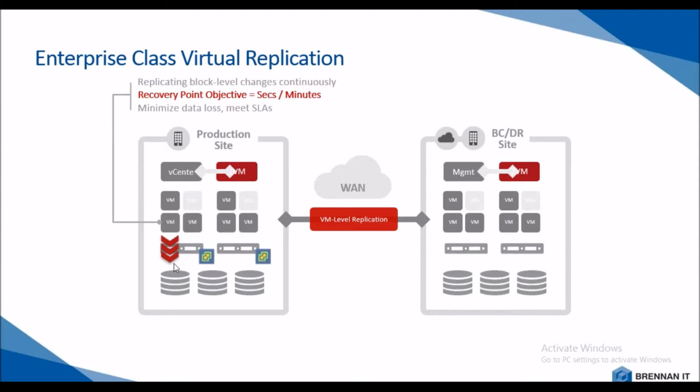This means your RPOs, or recovery point objectives, go down to seconds, and for higher rate of change servers or applications, it's minutes, as opposed to snapshotting technology, which you really don't want to be executing more than every half an hour or an hour. In reality, it translates to much lower data loss, as I mentioned before, and you can confidently meet service level agreements or objectives inside your business yourself.